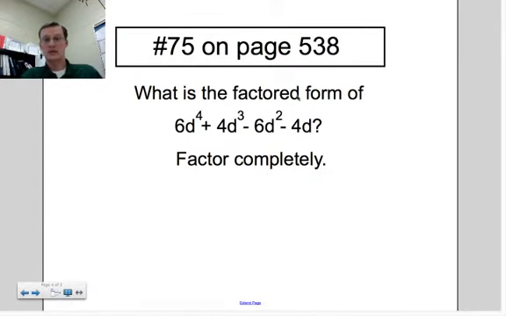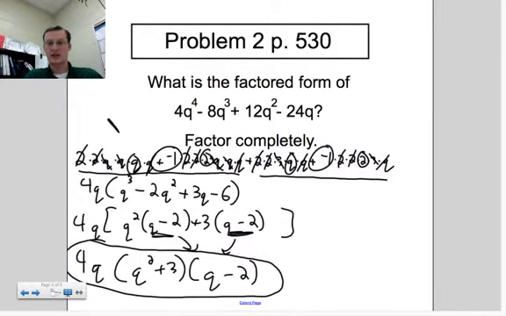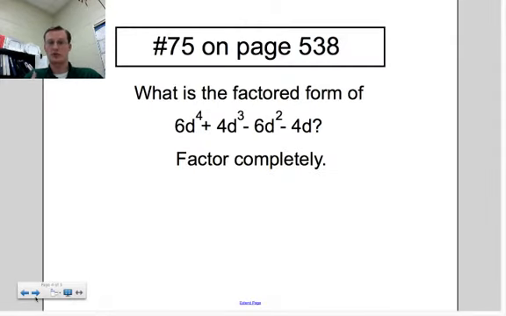Okay, now this one we need to break down also, so it gives us another chance. And for this one, I'm going to do it sort of the shortcut. You notice on these, we did the prime factorization. Once you get used to this, you can just divide through by what you see. So you can just kind of look at it and see what are common factors and divide those out.